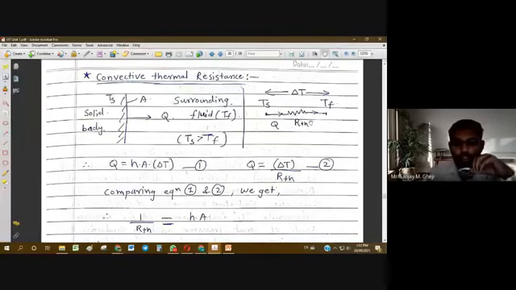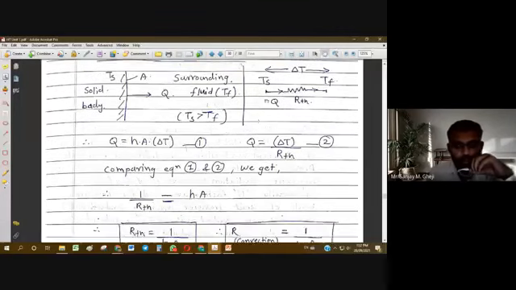This Rth is for convection. When applied between the temperature difference Ts to Tf, delta T, heat flow will be Q. So the general equation is Q is equal to delta T upon R thermal.